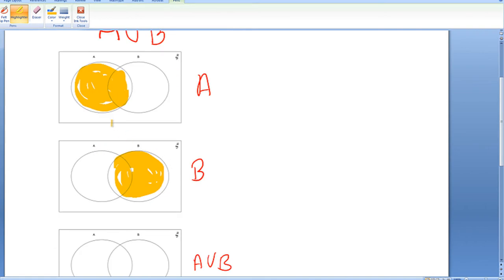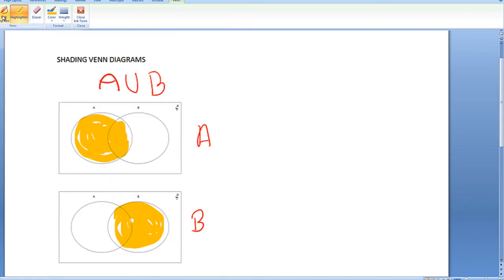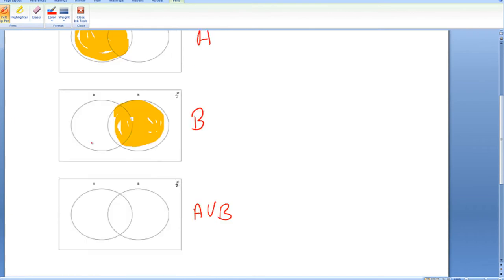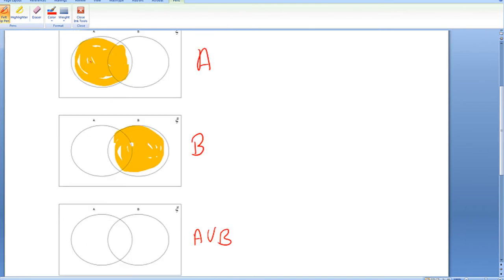The union works a little bit differently because remember, union is basically A or B, elements that appear in either A or B. So for this final one, we look at elements that appear in A. So it is these elements here. The intersection appears in both of them, so we can highlight that as well.